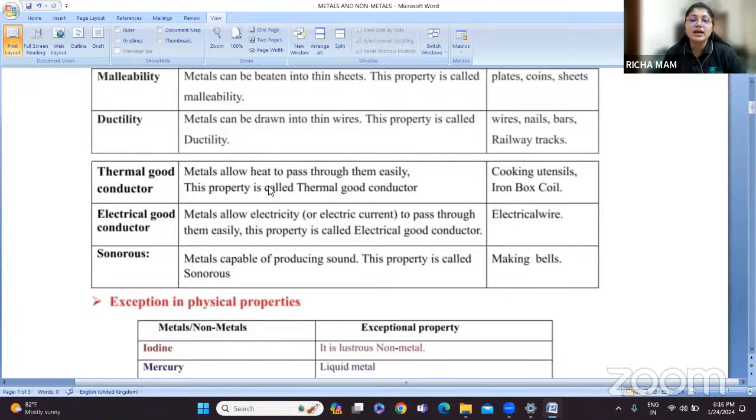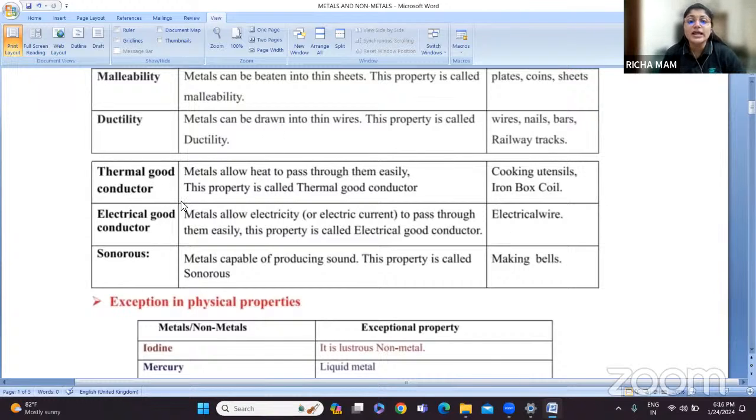So metals are good conductors of heat. This property is called thermal good conductor. Then the iron box coil is made up of iron, so this also acts as a good conductor of heat.